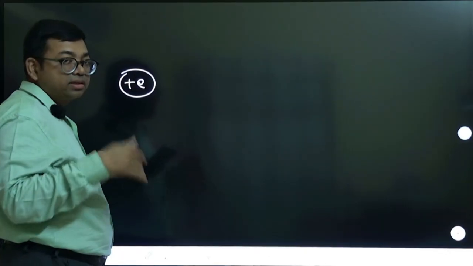Question number 10. A proton is moving in a uniform electric field E of unknown magnitude. So there is a proton, plus, and it is moving in some unknown field. We do not know anything about the field, neither the direction nor the magnitude. There is a uniform magnetic field pointing in the y direction.